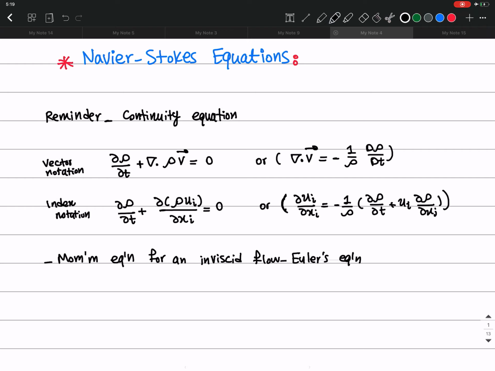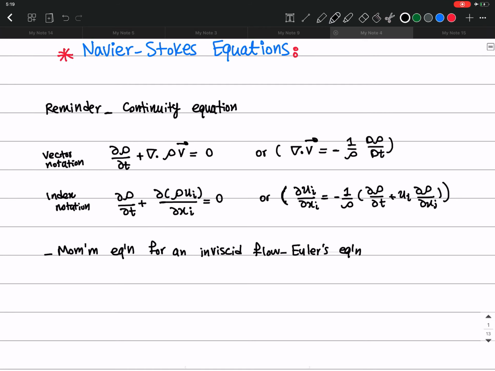Let's see what this is in terms of vector and index notation. First, vector notation.